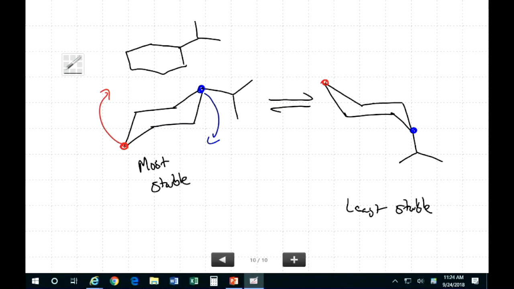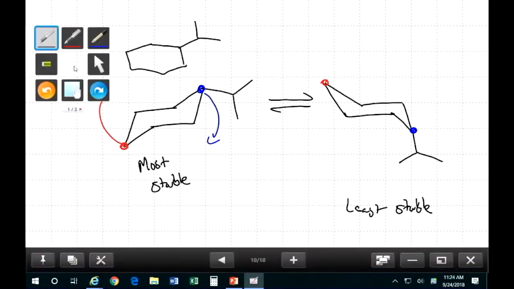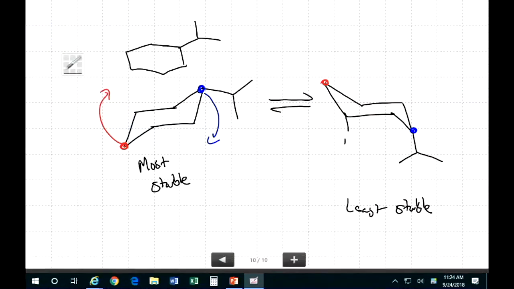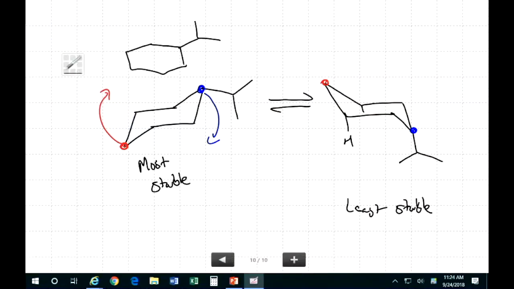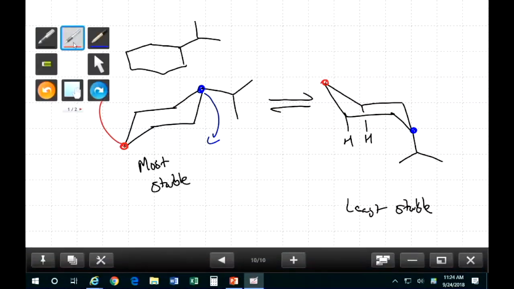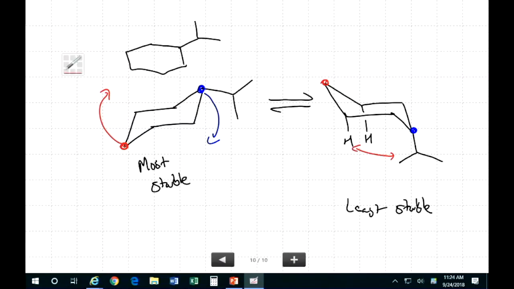I want you to show both A1,3 interactions. So we're going to draw on our hydrogen here and here. I always try to draw it like this. These two groups bang into each other. That is one of our A1,3 interactions. And then these two groups bang into each other, and that is the other A1,3 interaction. So you're going to want to label both A1,3 interactions when we do something like this.